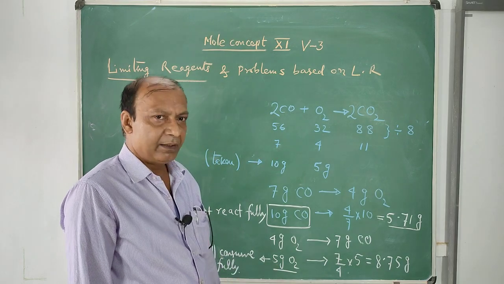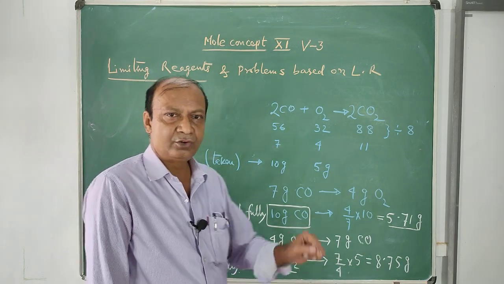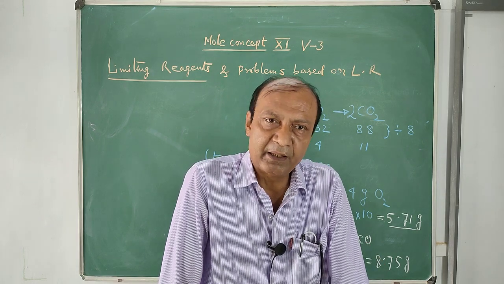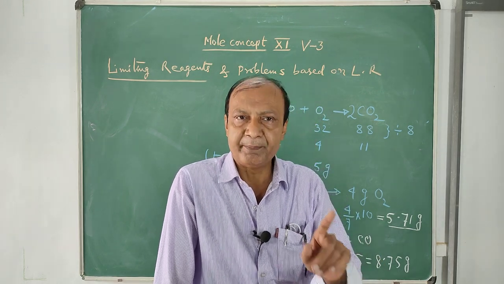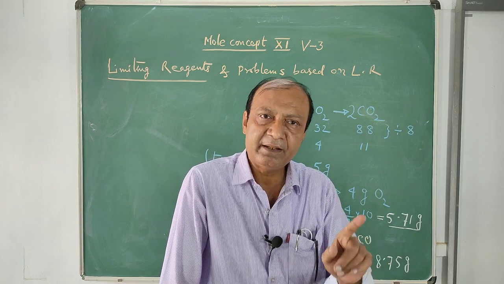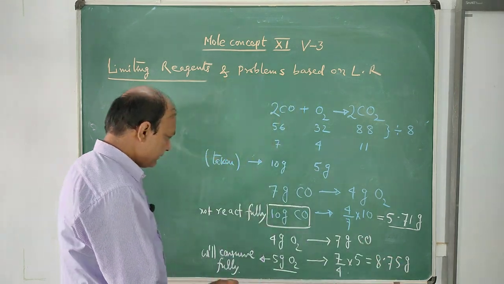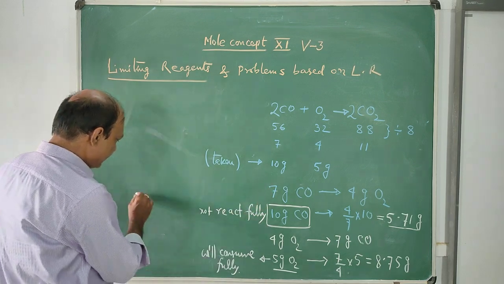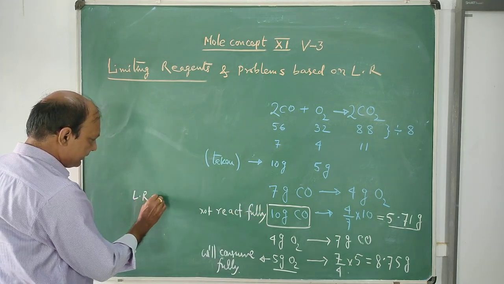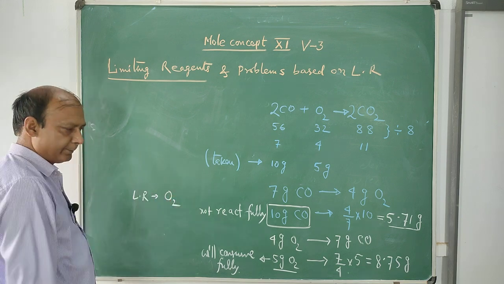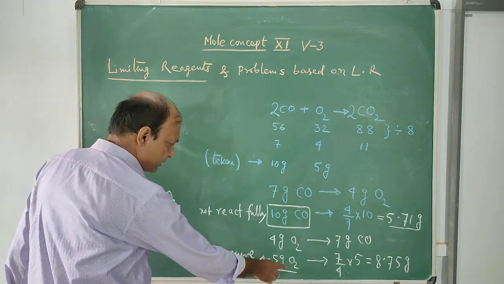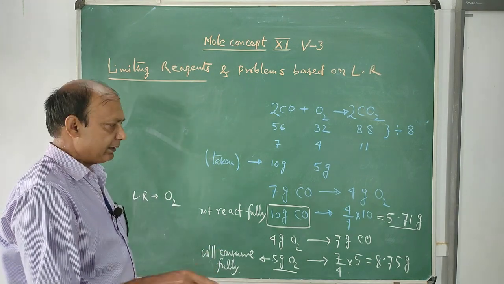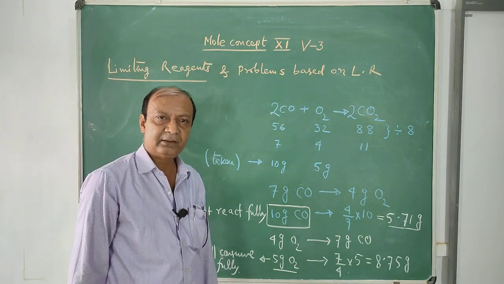Therefore, I repeat, the reactant whose mass is fully consumed during a chemical reaction is called the limiting reactant or limiting reagent. Therefore, for this question we are discussing, the limiting reactant is oxygen, and you will write: this is the limiting reactant because the amount of oxygen is fully consumed during the course of the reaction.